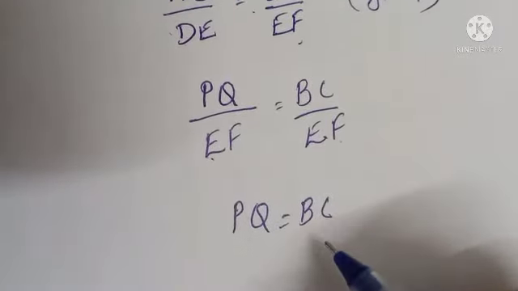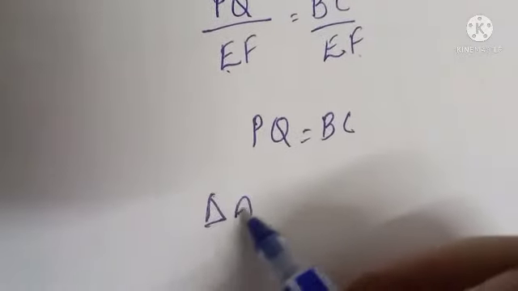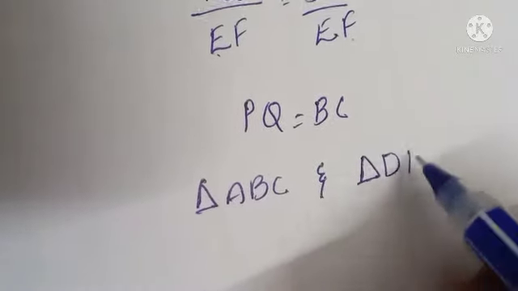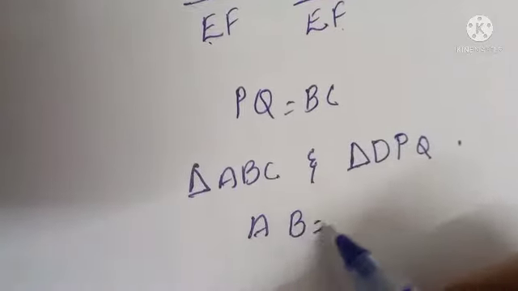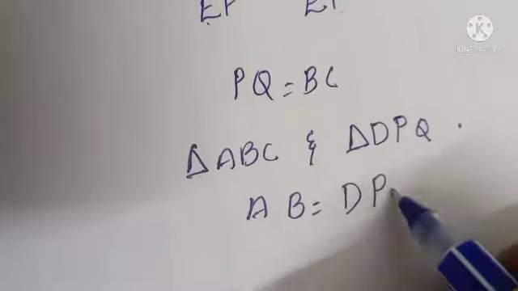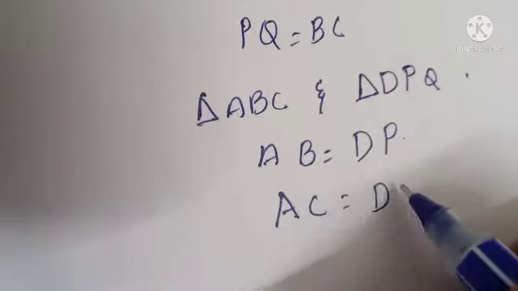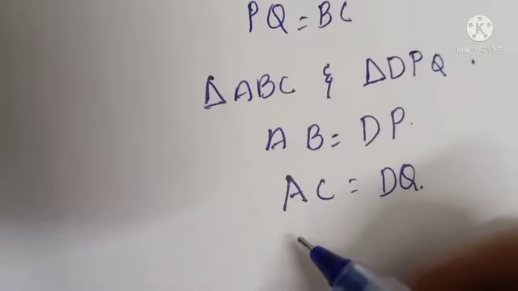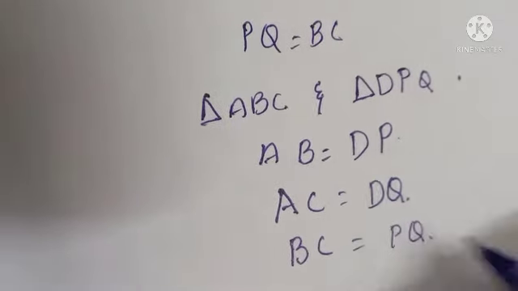Now when we consider triangle ABC and triangle DPQ, what do we get? AB equals DP, that we constructed like that. Then AC equals DQ, that is also by construction. Now BC equals PQ, that we proved.